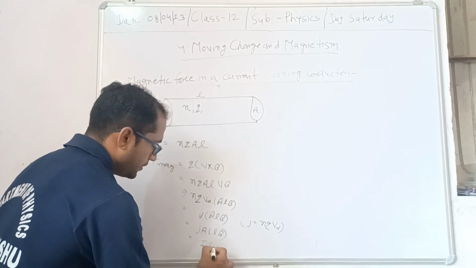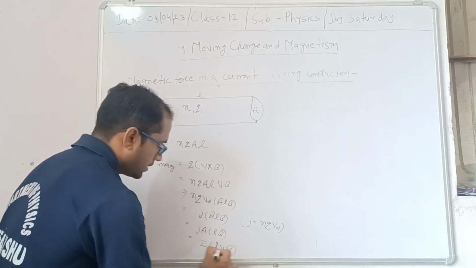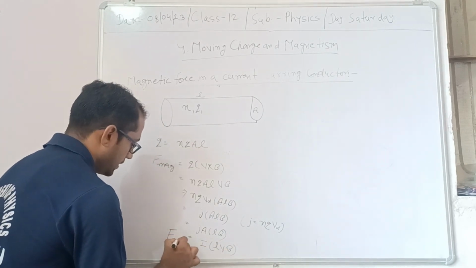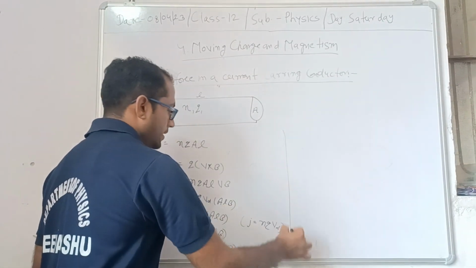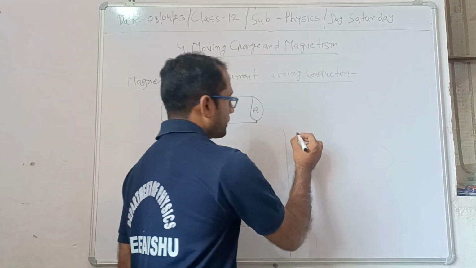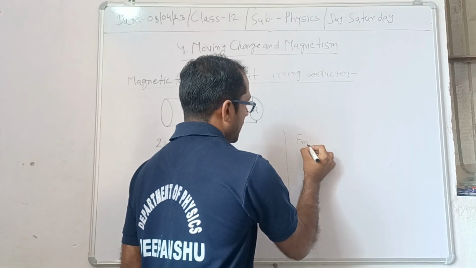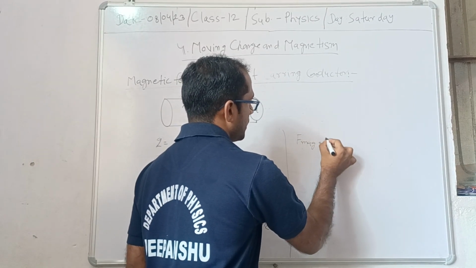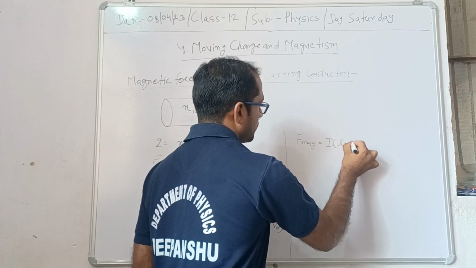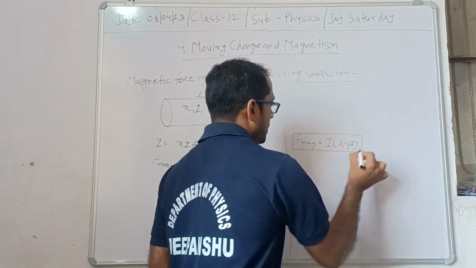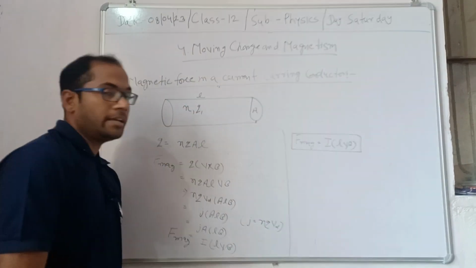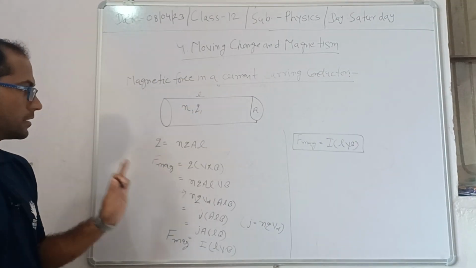So the magnetic force on a current carrying conductor is F magnetic equals I L cross B. This is another formula to find the magnetic force on a current carrying conductor.